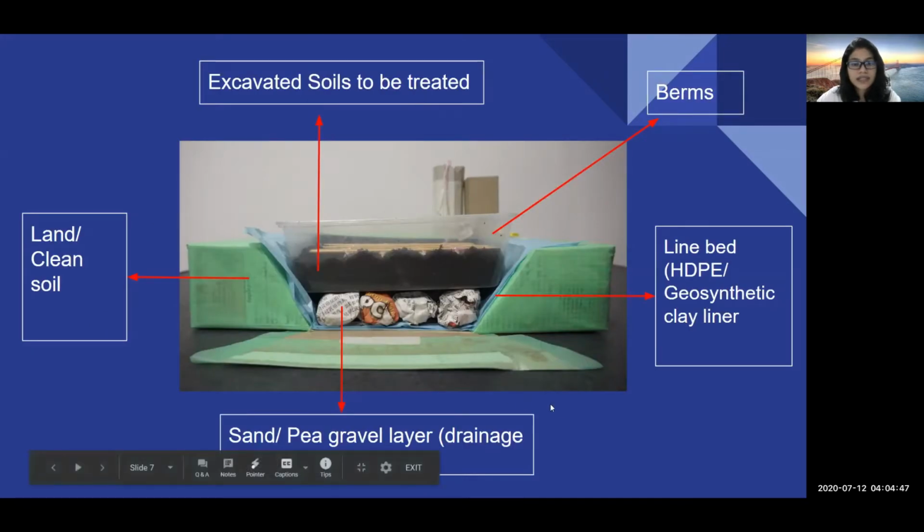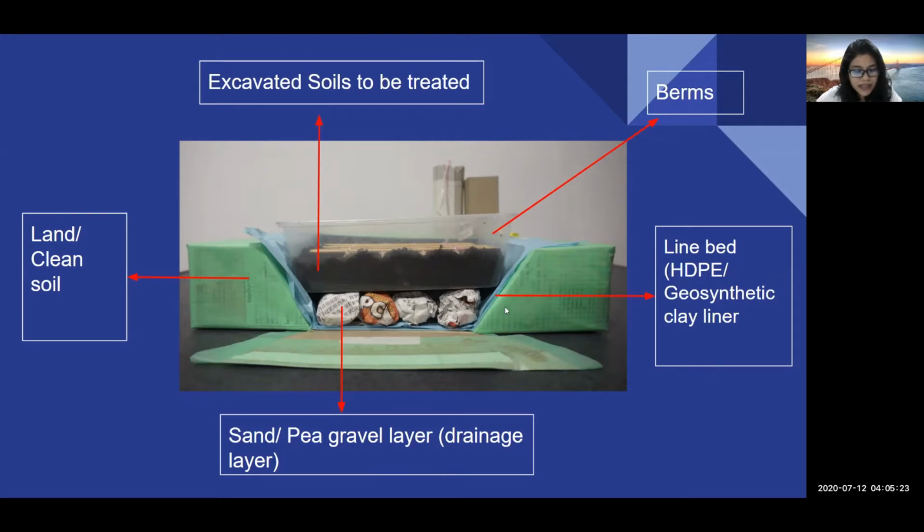So this is the model I have done, and I'm going to quickly brief you about the layers. You can see this blue layer right here is the liner bed, and the material of the liner bed is commonly HDPE, which is high density polyethylene, or geosynthetic clay liner.